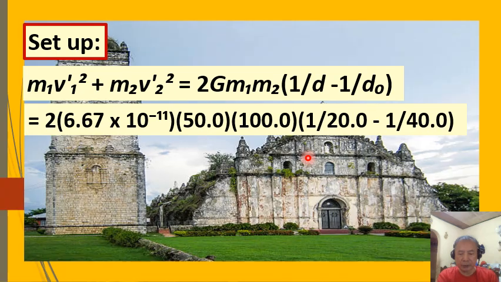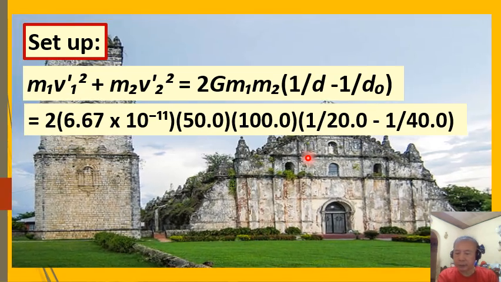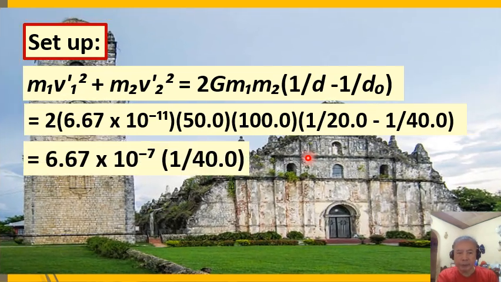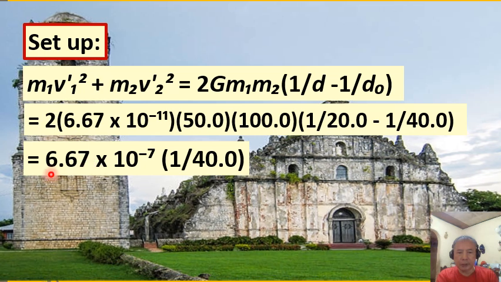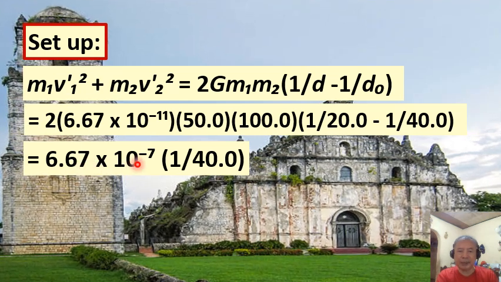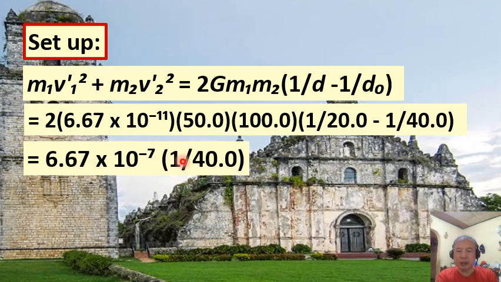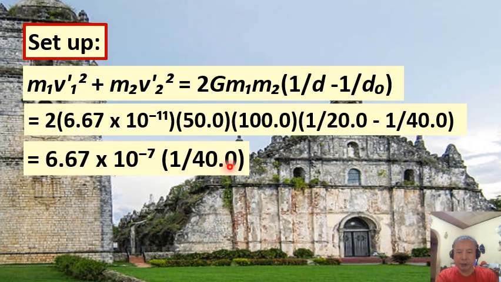When simplified, we get 6.67 times 10 to the negative 7 times quantity 1 over 40.0.